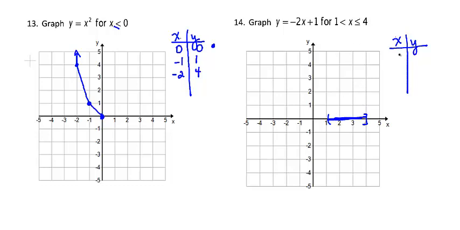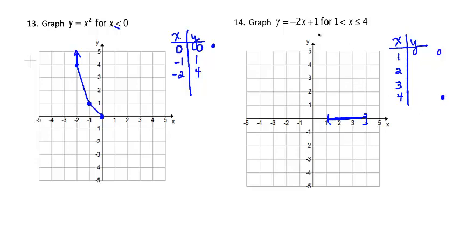Now again, I have to choose 1, even though I'm going to have an open circle on it, because there are infinitely many values between 1 and 2. I can choose 2, 3, and 4 is the largest I can be, but my x value is allowed to equal that, so I can actually put a closed circle at the 4.